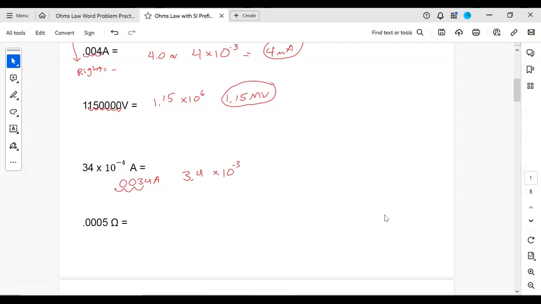So notice when I took my decimal from here to here, all I had to do was increase this exponent to negative 3. And now I can write this as 3.4 times 10 to the negative 3, which is milli, so 3.4 milliamps.